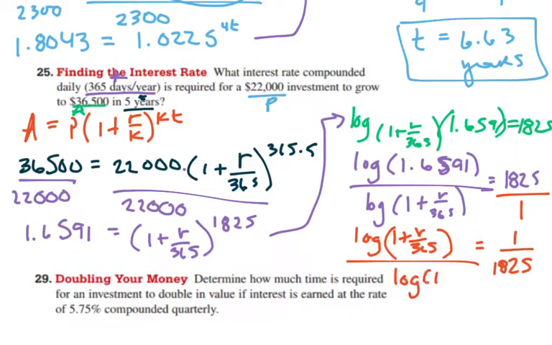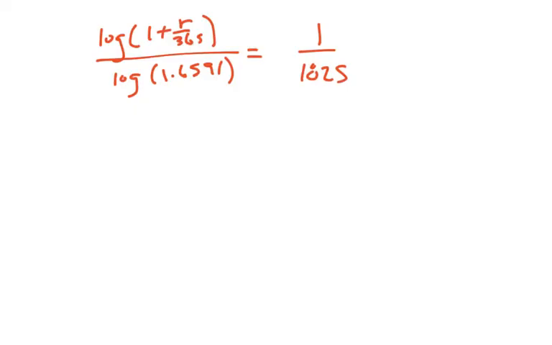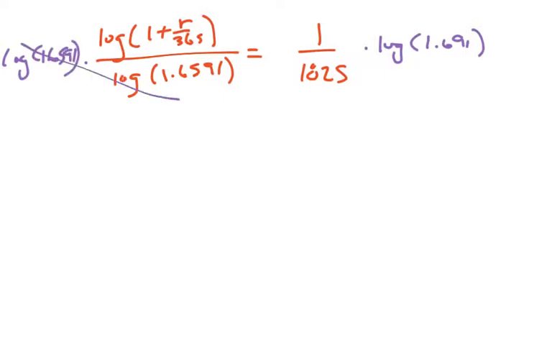over log of 1.6591, which means that we can multiply each side by log of 1.6591. So again, multiplying by that base means that this is multiplied by log of 1.6591, and this is also multiplied by log of 1.6591, which then takes care of the logs.